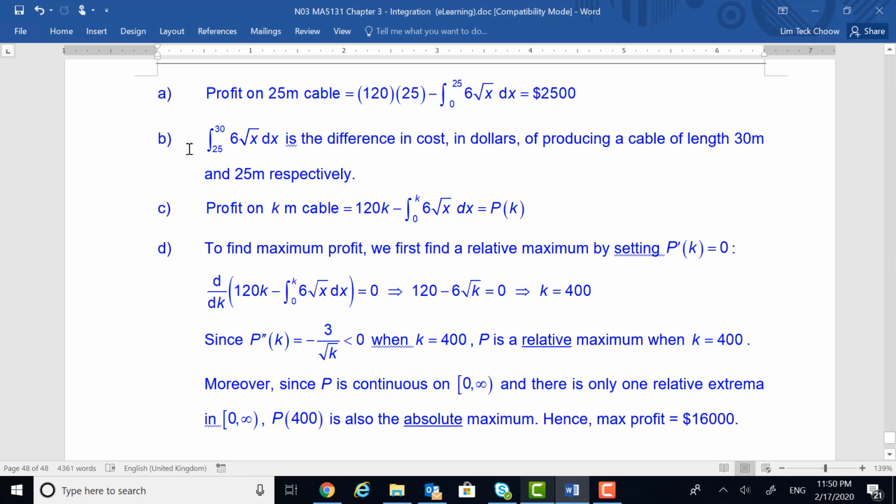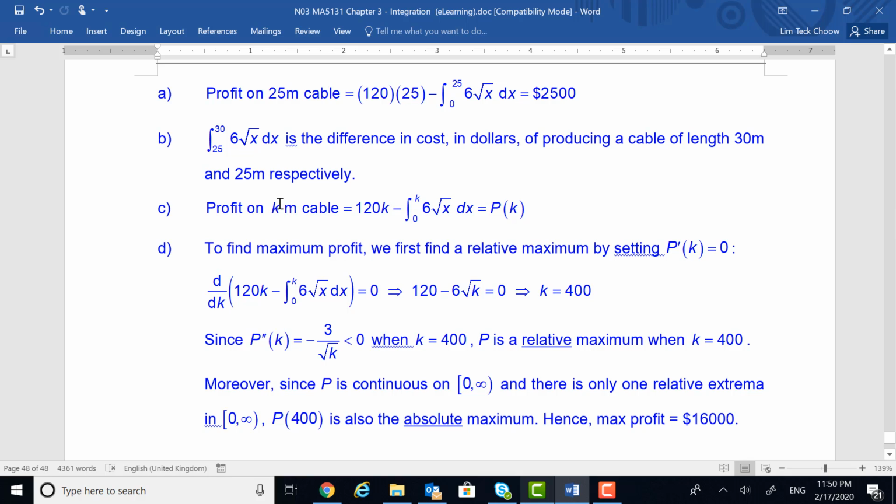Let me say once more: you could rewrite this integral as 0 to 30, 6 root X, minus 0 to 25, 6 root X. So you can see that it's a difference in cost in producing a 30-meter and a 25-meter long cable.